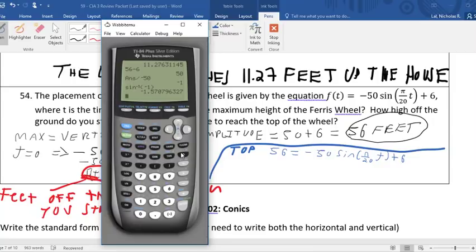The inverse sine of negative 1. So we divide this value by pi divided by 20. That's going to be about, we'll have a value of negative 10.